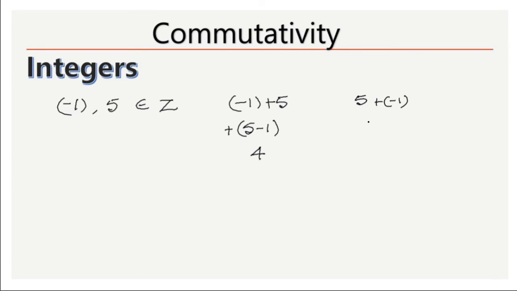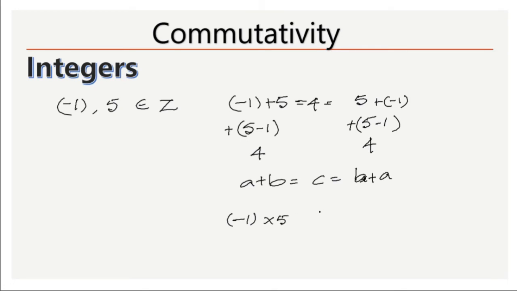Same is the case here. When 5 is added to -1, it will be 5 minus 1. By taking the sign of the larger number as positive, we get the result as 4. So A plus B will be equal to C. This is equal to B plus A. If I do multiplication, -1 multiplied by 5 will be -5, and 5 when multiplied by -1 will be -5.